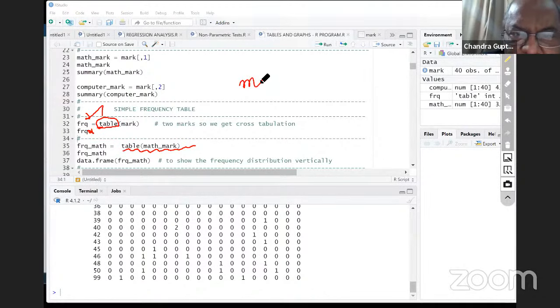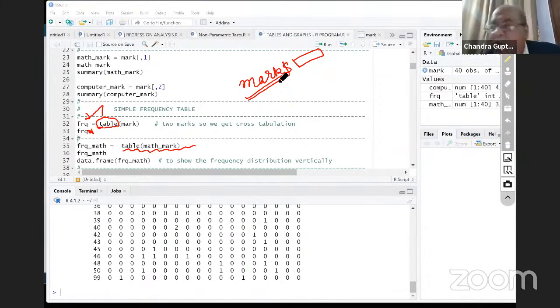So marks is my data frame, then the $ sign, and the name of the variable in that particular data frame. Unless you write marks before the variable name, R will not recognize which data frame you are referring to. So either you attach it or you define it like this.